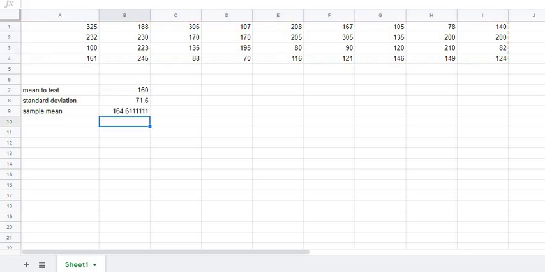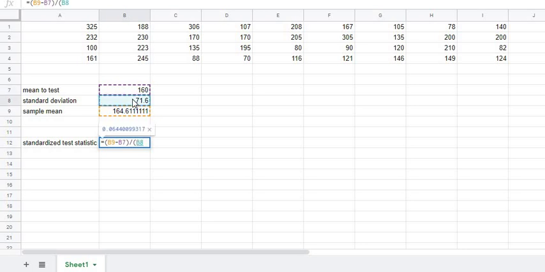Now that I have my average, I'm going to calculate my z-test statistic, or my standardized test statistic. And this is going to equal, I'm going to use parentheses to enclose my numerator, the sample mean minus the mean that we're going to be testing. I'm going to enclose that in parentheses, then use the slash for the division sign, and again I'm going to enclose the denominator in parentheses, since in that denominator I have a division.